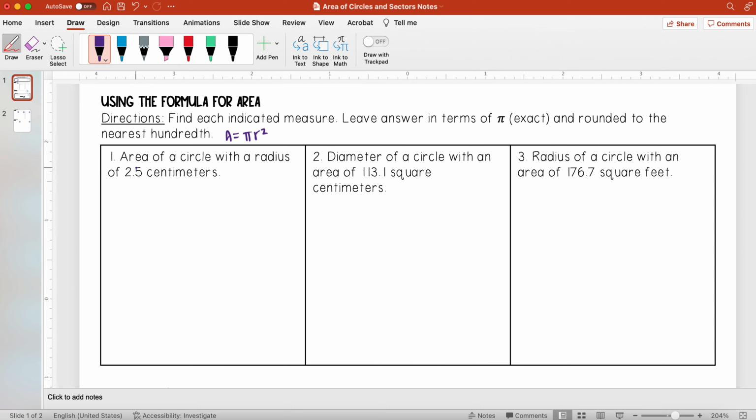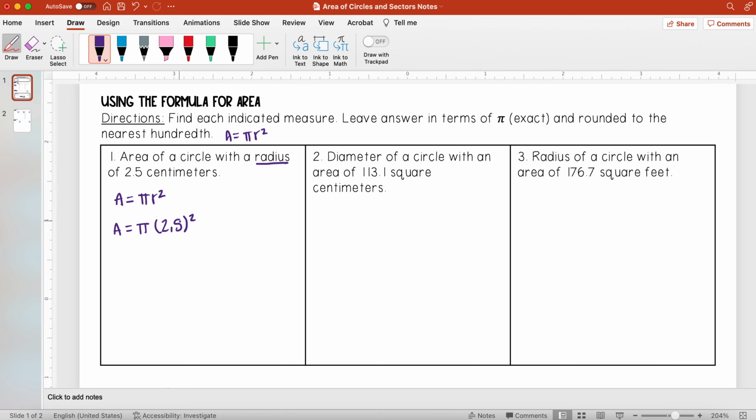So the first one is asking us to find the area of a circle with a radius of 2.5 centimeters. So I know that area is equal to pi r squared. Well, I'm told that I have a radius of 2.5, so I'm going to replace r with 2.5.